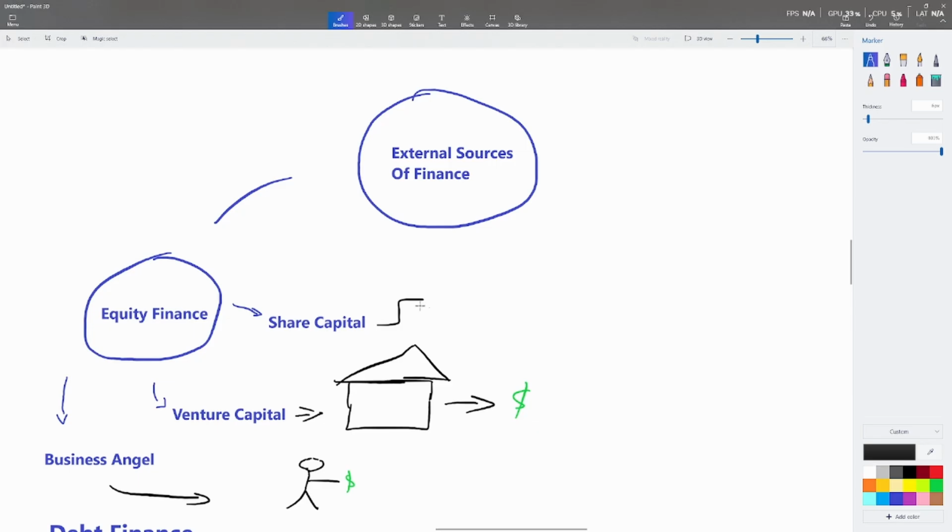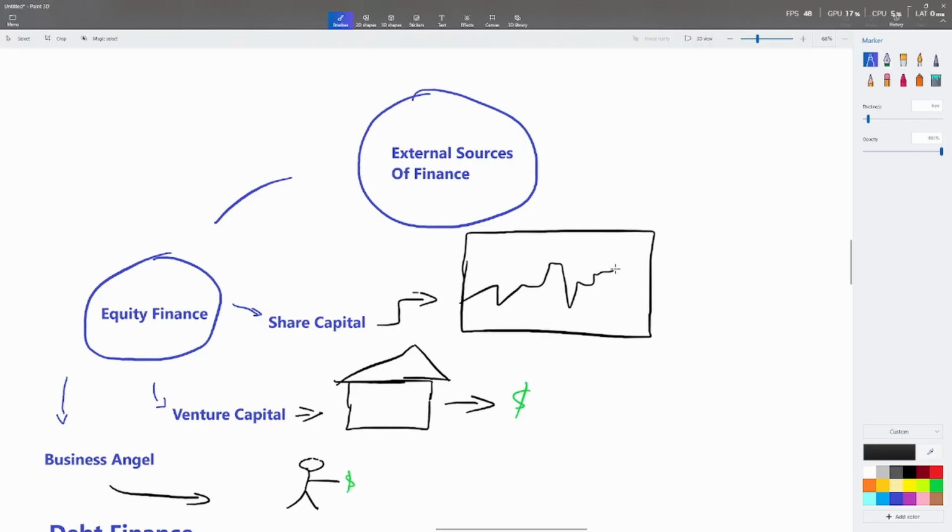And then share capital is just when you have your company on the stock market, and then people can buy large sums, and usually people are paid back in dividends, and people can buy because of that as well.